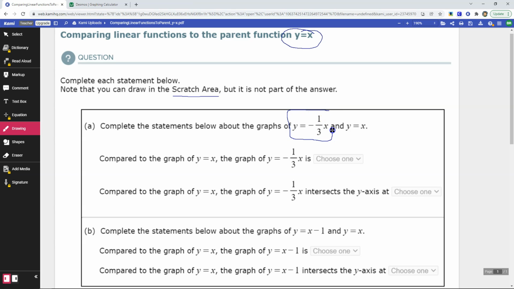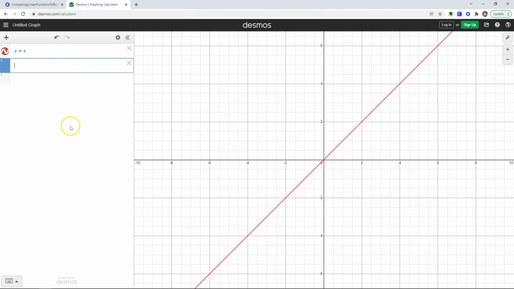So in the first equation, we have y equals negative 1/3 x, and we're comparing that to the parent function y equals x. We already have the parent function y equals x graphed on Desmos. We want to take a look at y equals negative 1/3 x and see what that looks like relative to it.